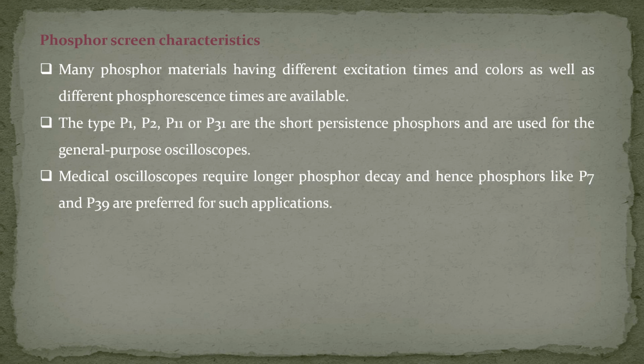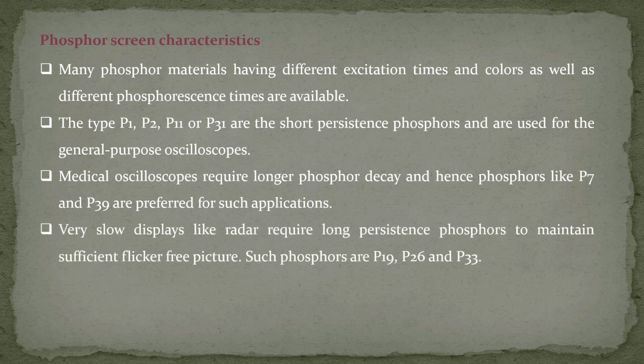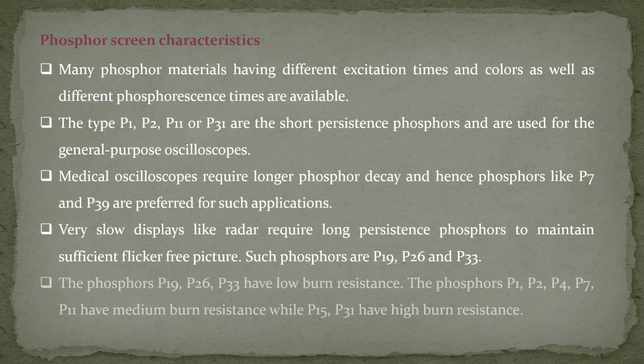Medical oscilloscopes require longer phosphor decay, and hence phosphors like P7 and P39 are preferred. Very slow displays like radar require long persistence phosphors to maintain a sufficiently flicker-free picture. Such phosphors are P19, P26 and P33.